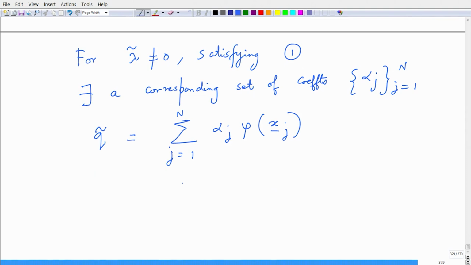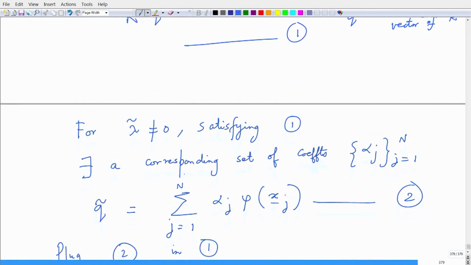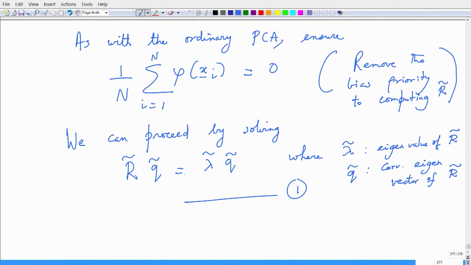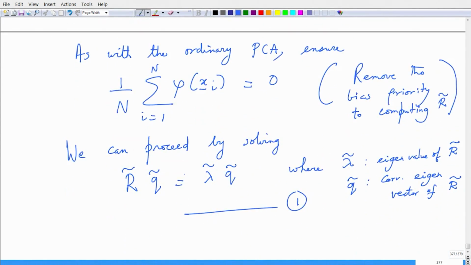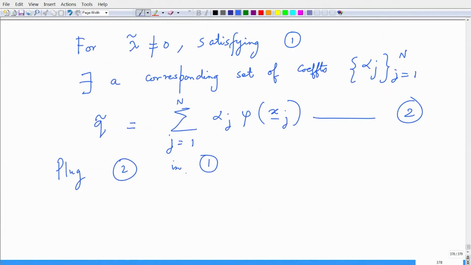Now, I plug q tilde in this eigenvalue equation. So, I plug 2 in 1. What I get is as follows.